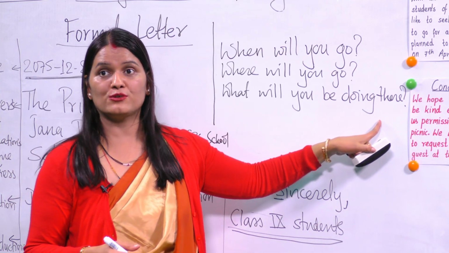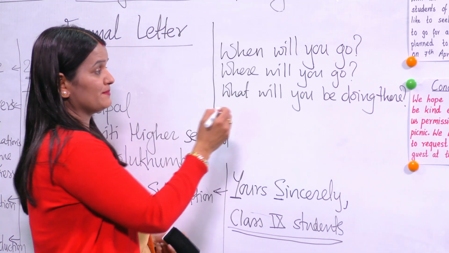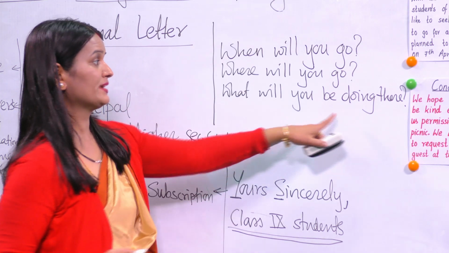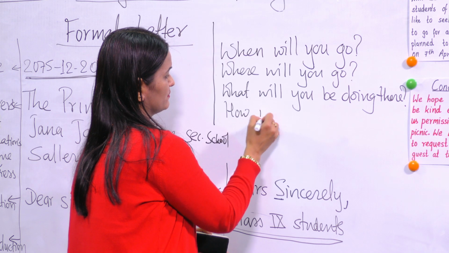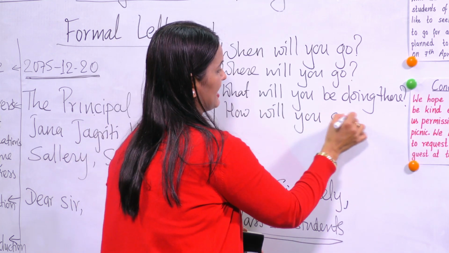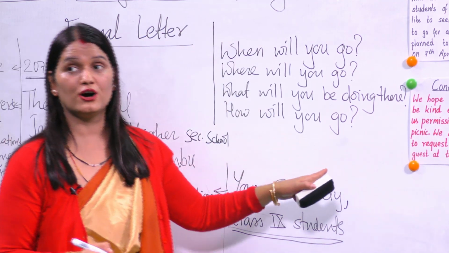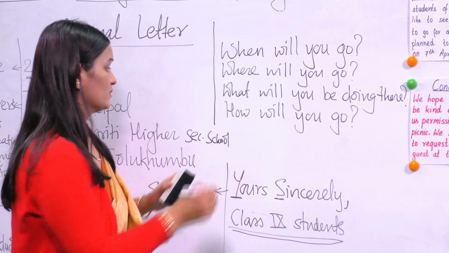I think all of you are looking at it, it is on page number 10, in the writing part. Okay, and how will you go? As I have given you an example, by air you are thinking of going, or by bus. Okay, how will you go?